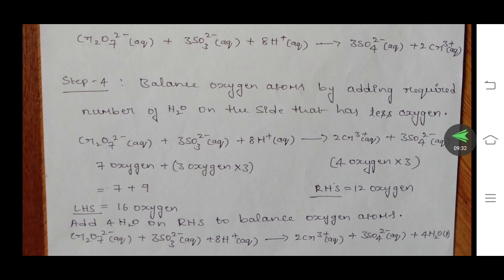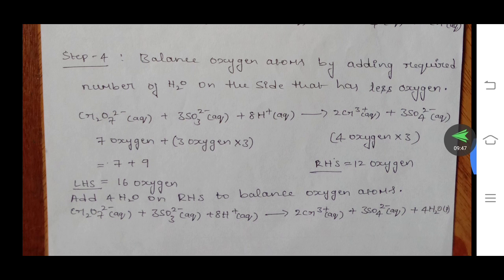See step 4, balance oxygen atoms by adding the required number of H2O on the side that has less oxygen present. Which side contains less number of oxygen? So that time you have to add water molecules. Okay, so that many water molecules you have to add. For example, first you have to find out how many oxygen atoms are present on the left side and how many oxygen on the right side. Okay, Cr2O7 2 minus plus 3SO3 2 minus plus 8H plus gives 2Cr3 plus 3SO4 2 minus.